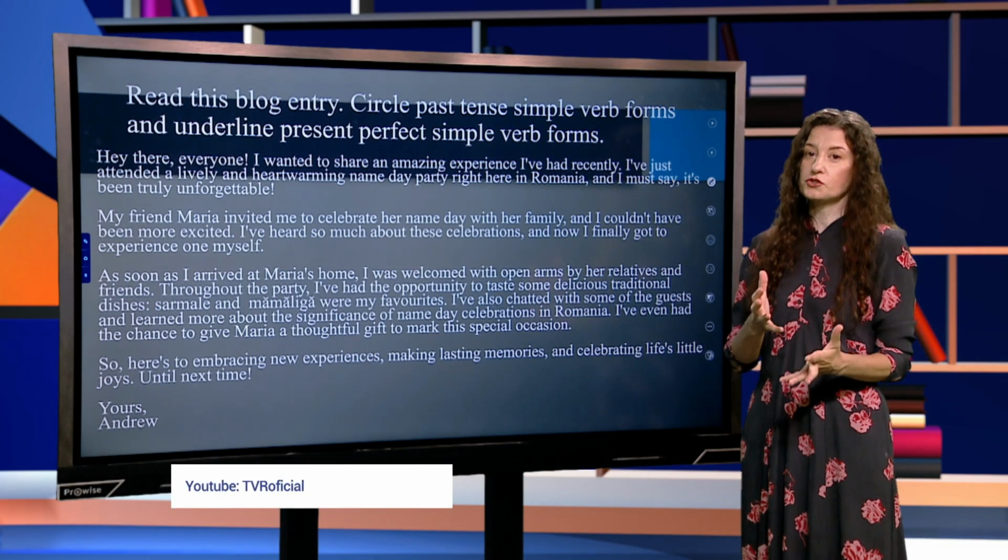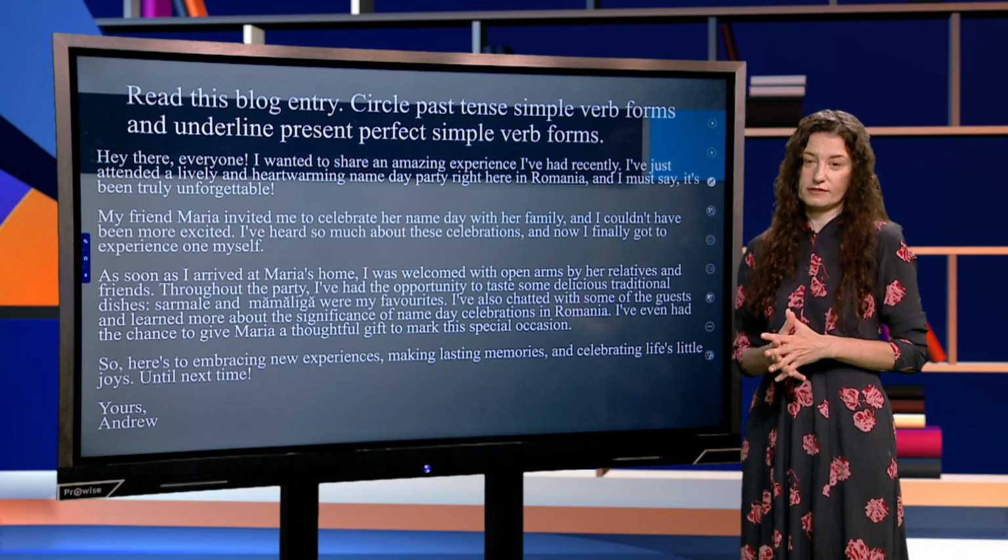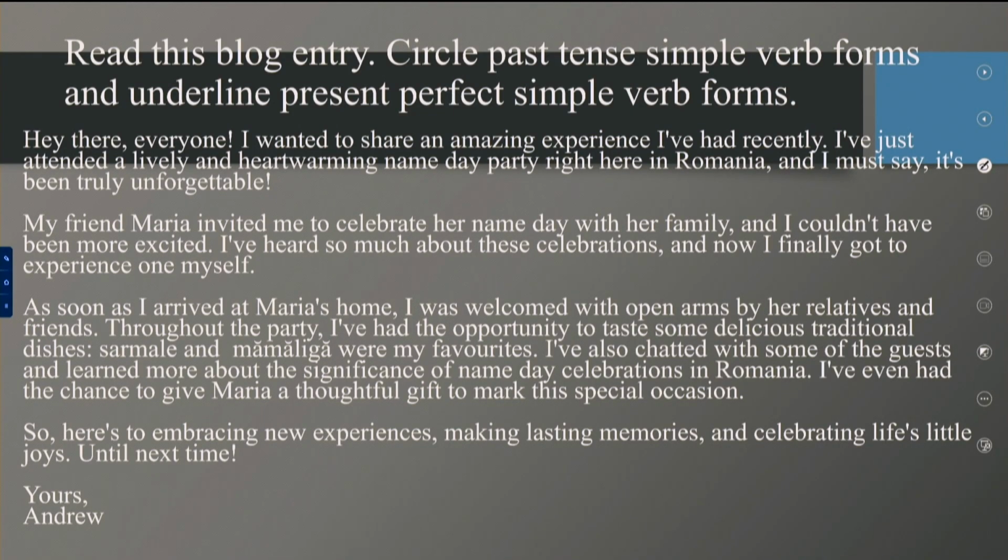It's important for us to notice in which context each of the two tenses are used. So I'm going to start by asking Andrea to read the first paragraph only and then tell me which verbs are in the past tense simple, in which case I'm going to circle them, and which verb forms are in the present perfect simple so I can underline them.